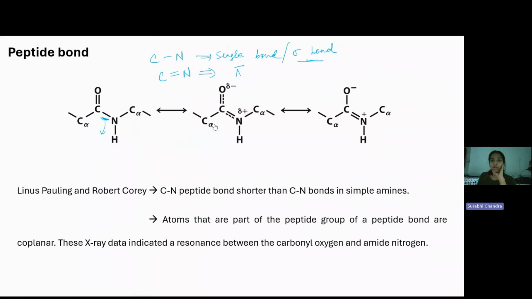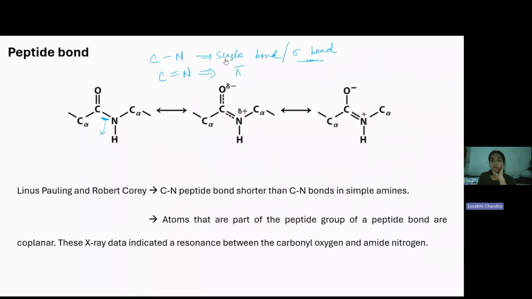So how did they come up with the idea that it might have partial double bond and resonance character? Pauling and Corey saw that the C-N peptide bond, this single sigma bond, is actually shorter than C-N bonds in simple amines. Also, atoms that are part of the peptide group are coplanar. These were actually X-ray data, which indicated a resonance between the carbonyl oxygen and amide nitrogen.